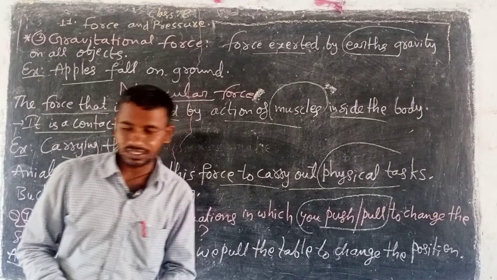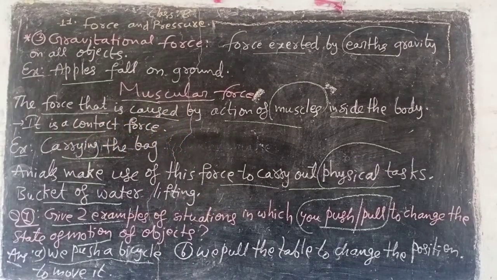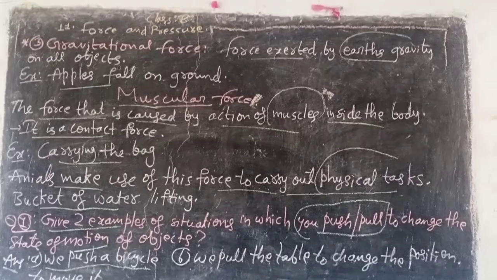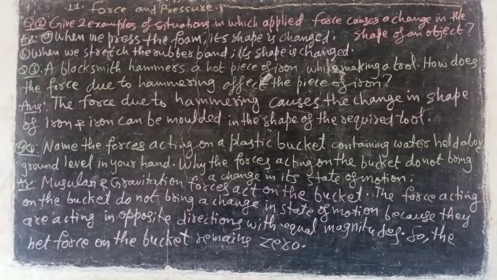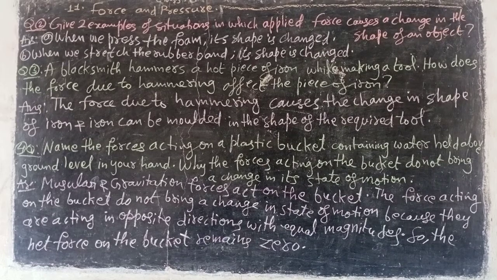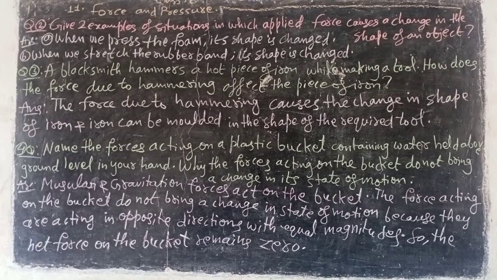Look, a few more questions I will write for you. Right, look here students. These are the questions which we are practicing now again. I am reading one by one, very clearly.